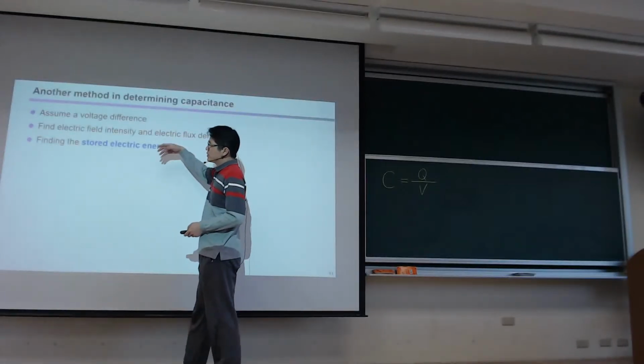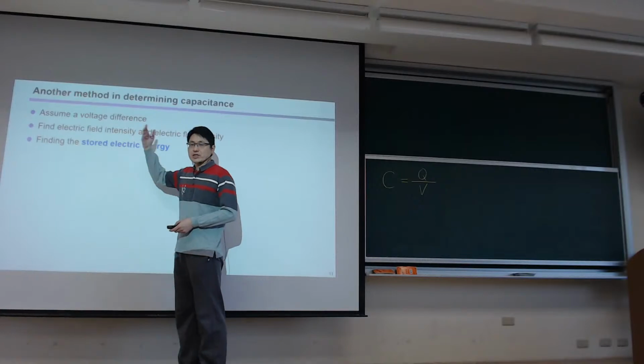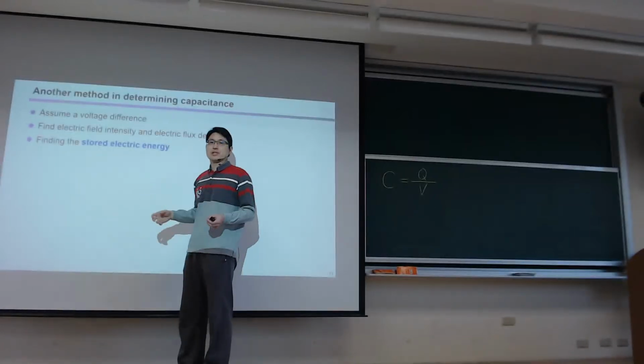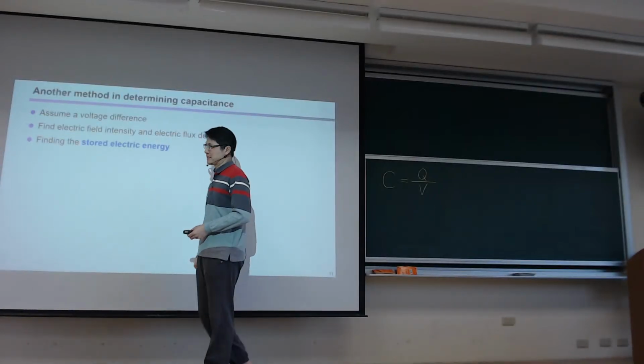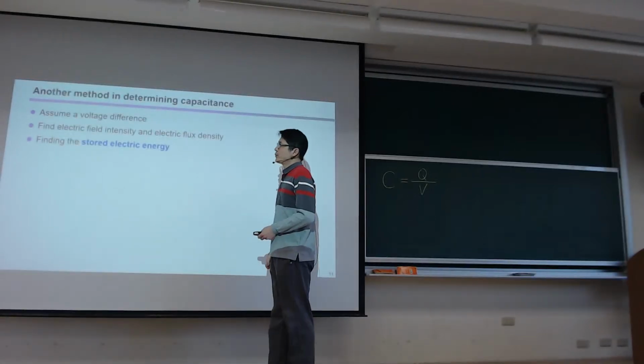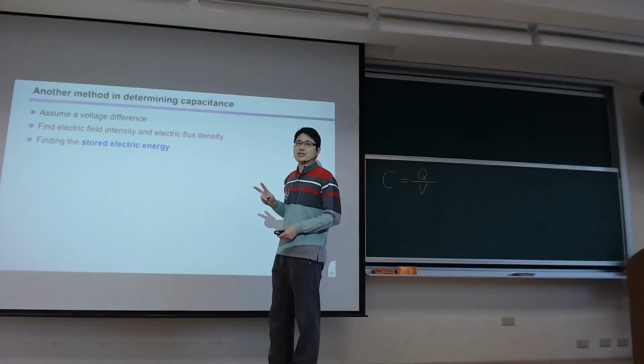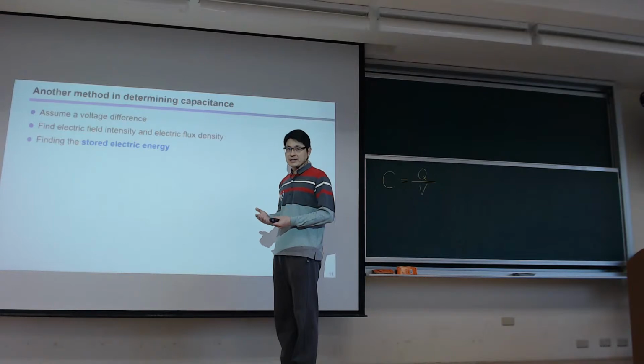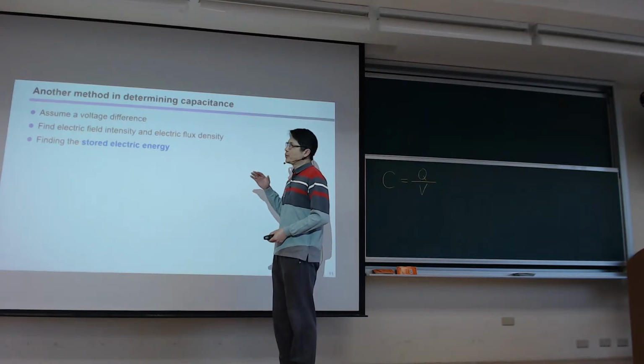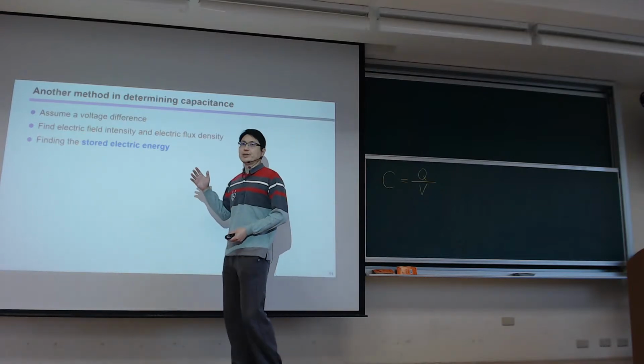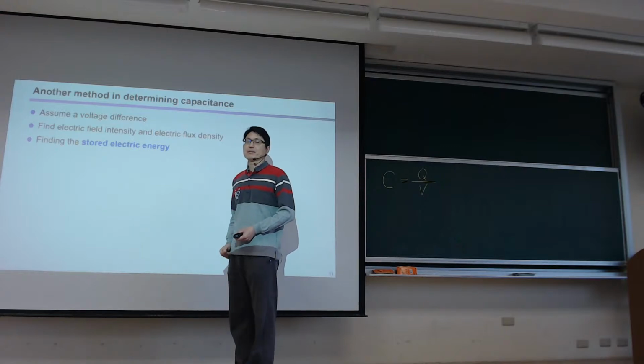Now, we can assume a voltage difference, or we can assume how many charges are being deposited over the conductor. So we already talked about two strategies to solve for capacitance. And today, I really want to describe a new third way.